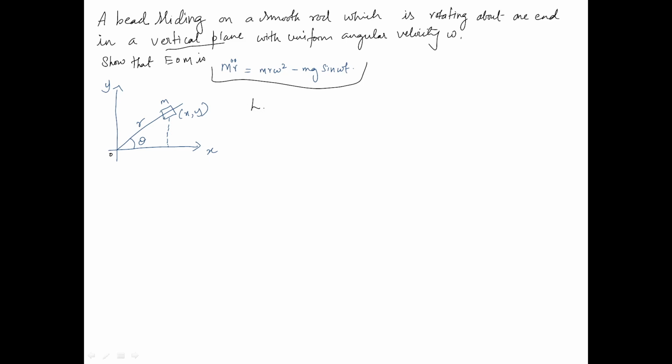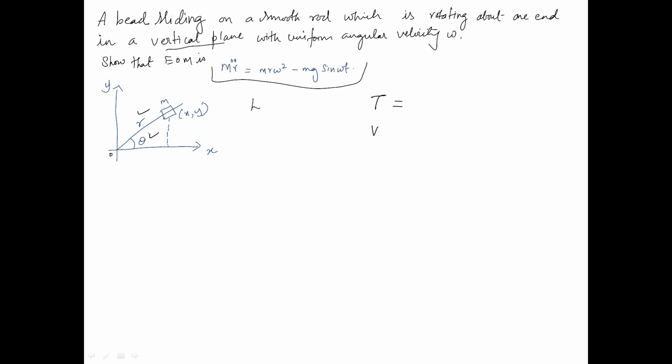Once you have the system, we are able to write the kinetic energy and the potential energy. Here, the generalized coordinates we are going to use are theta and r. These are the two minimum coordinates required to describe the system, a sufficient number of coordinates.